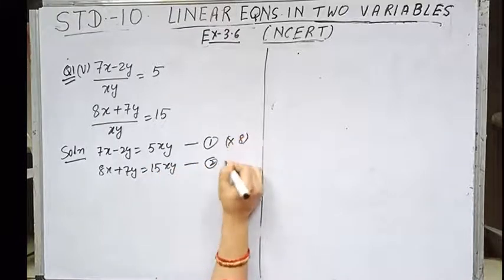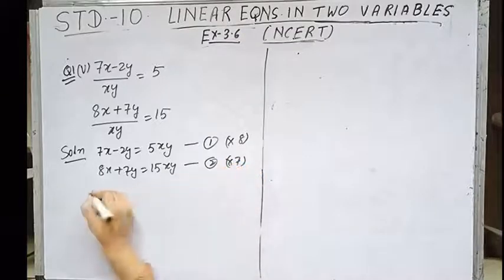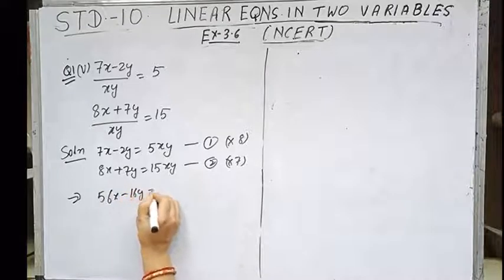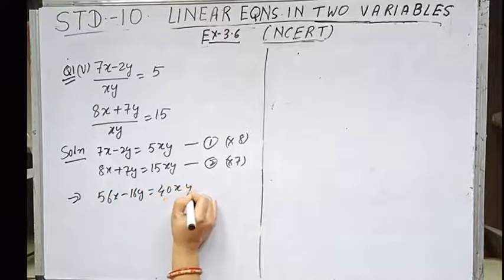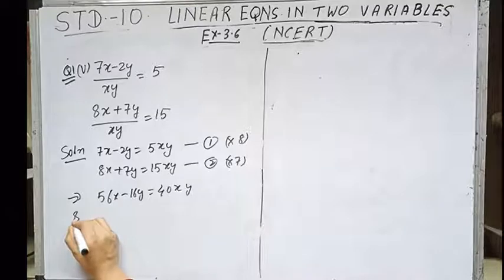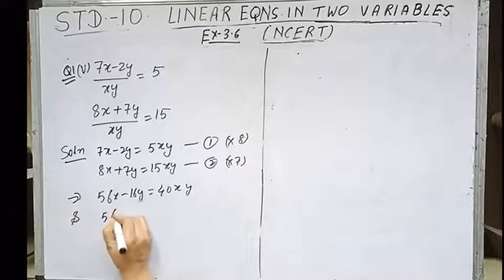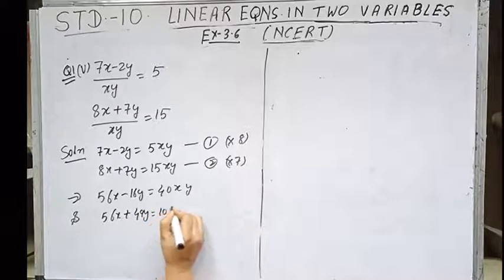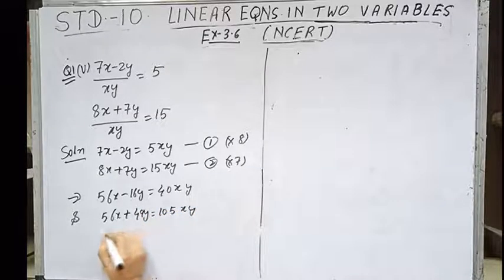Multiply this with 8 and this with 7. So this will be reduced to 56x - 16y = 40xy, and 56x + 49y = 105xy.